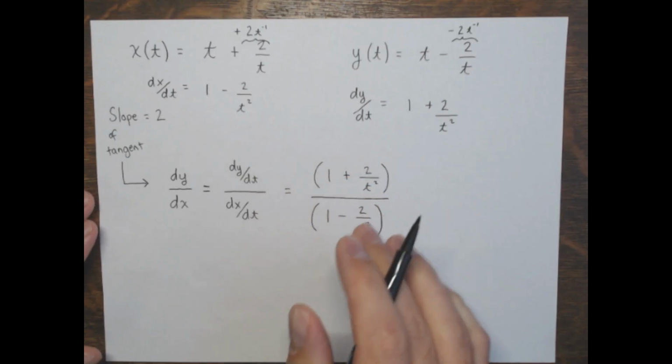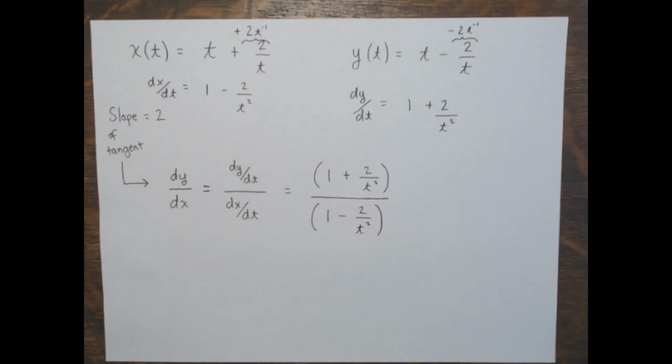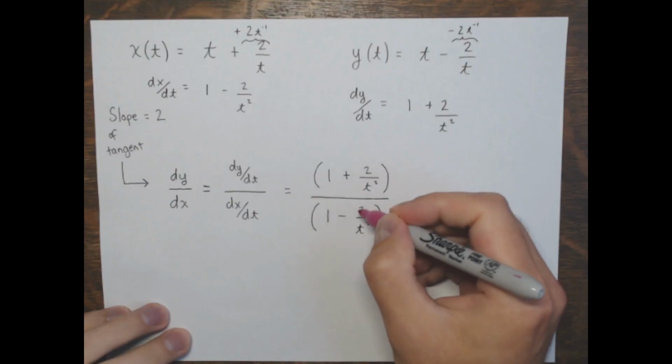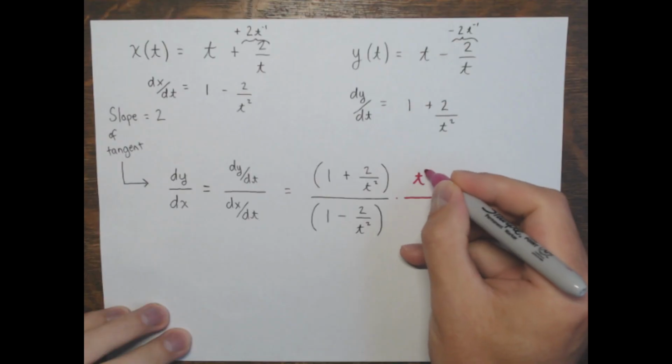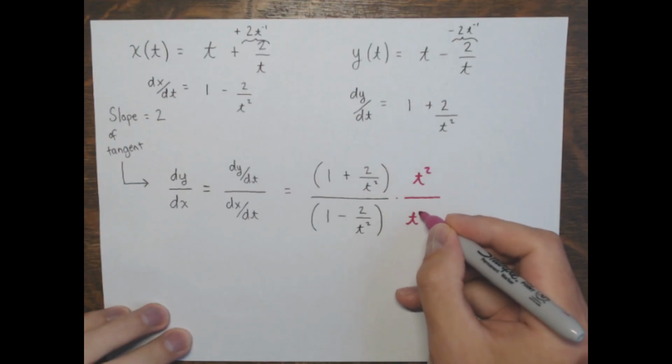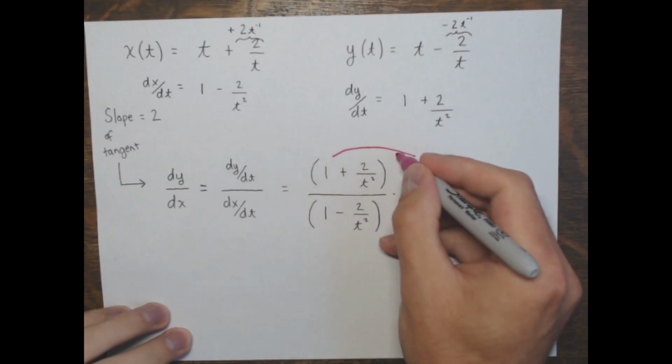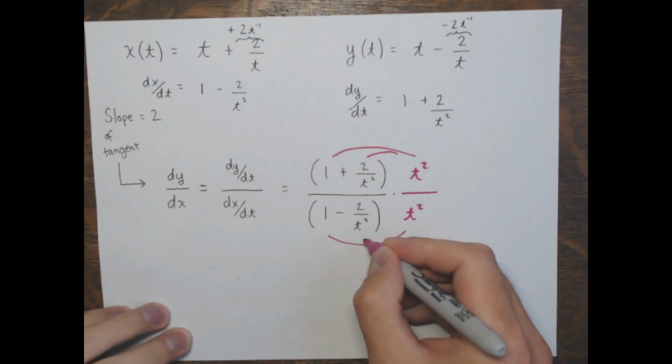Okay, and I'm going to simplify this a bit, assuming that t is not 0 right now because it's in denominators. So let's multiply the top and bottom here just to simplify this, turn this into a non-complex fraction, multiply by t squared, and you'll require distributing.